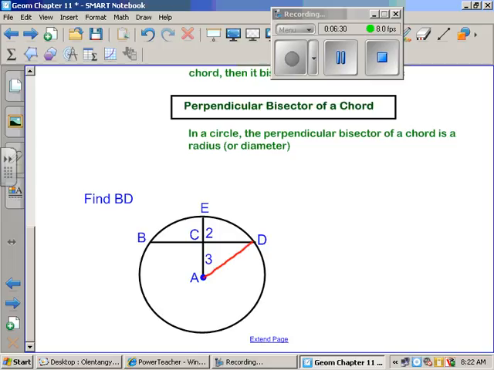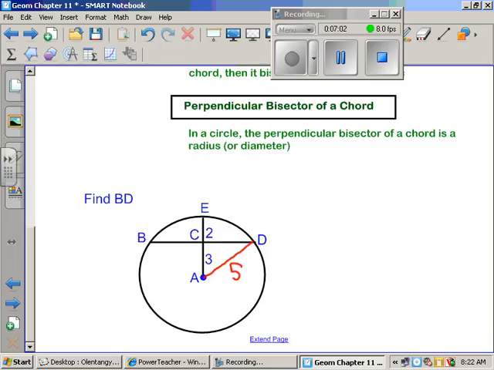Okay? And what do we call the distance from A to D? Well, it's a hypotenuse, but it's also in the circle, so it's a radius. So Mary just told us the radius of this is 5, so this must be 5. Because the distance from A to E, that's a radius, right?